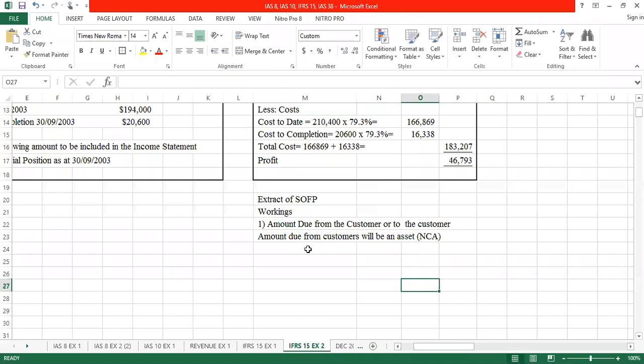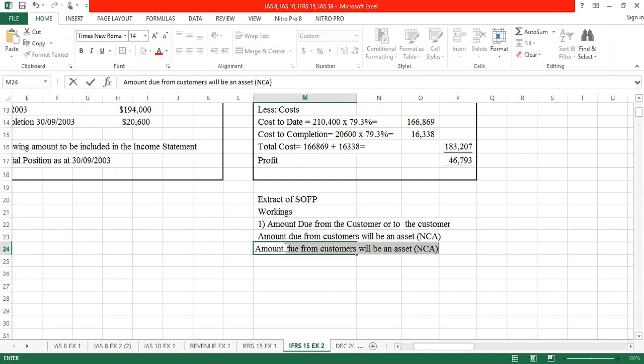So if it is excess, if it is amount due to the customer, it becomes a liability.